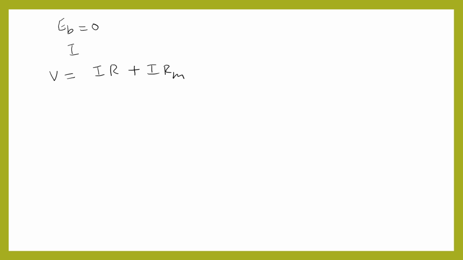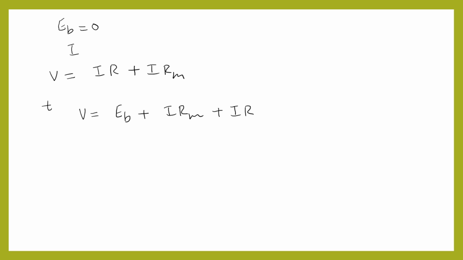At any other time instant during the starting, the supply voltage V will be equal to the back EMF in the motor plus the drop in the motor plus the voltage drop in the starting resistance.